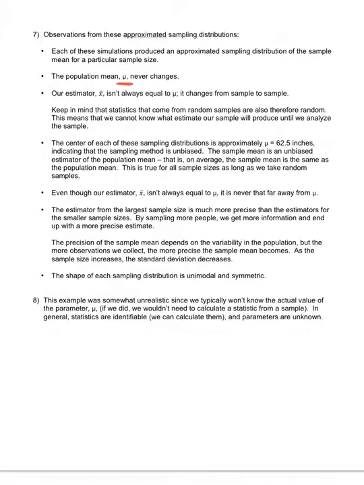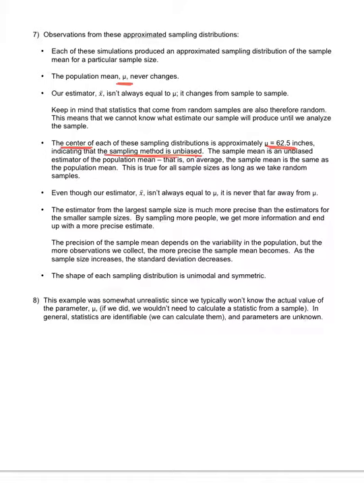One thing we want to note is that the center of each of the sampling distributions is approximately 62.5. In fact, this is showing us that we have an unbiased sampling method, because we were using random sampling. That is to say that on average, the sample mean is the same as the population mean.